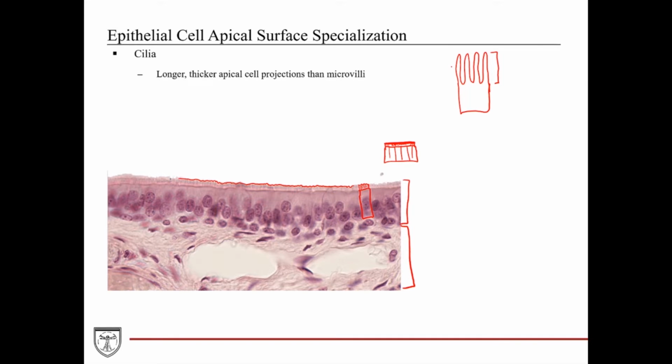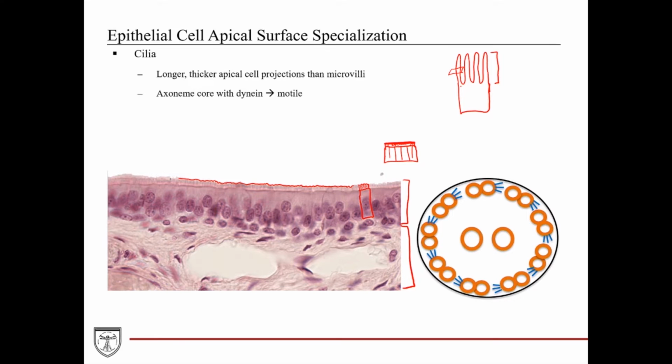Furthermore, when we make a transverse section through one of these cilia and look at one cilium under transmission electron microscopy, what we see is that the core of the cilia is comprised of the axoneme as opposed to the actin fibers. The axoneme is comprised of 9 doublets of microtubules and 2 singlets of microtubules.